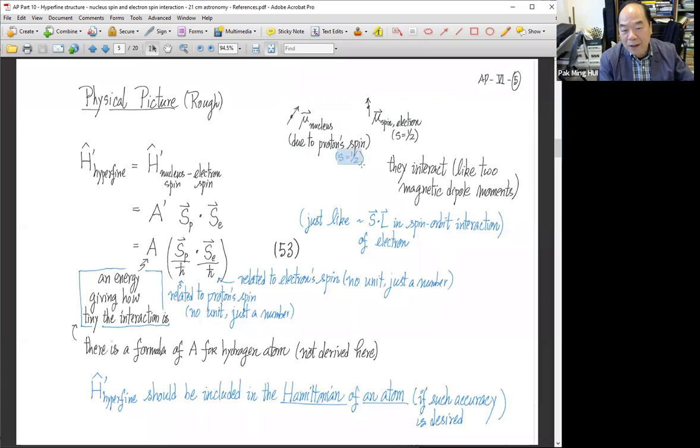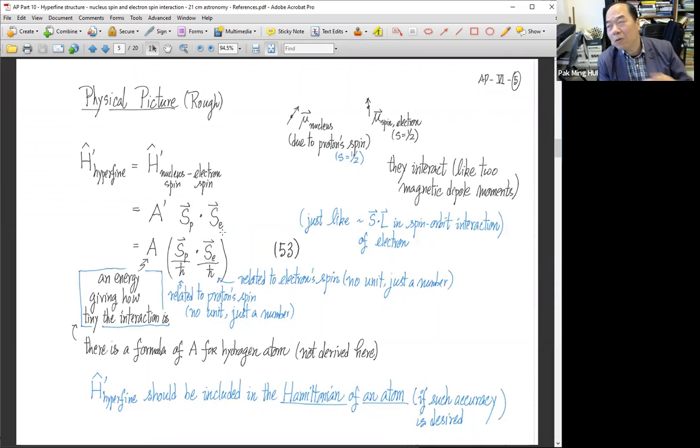They are both spin half. When the two interact, it is natural that the interaction term will come out to be related to the spin of the proton dot into the spin of the electron.